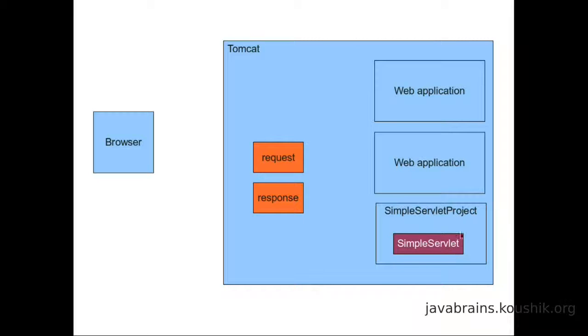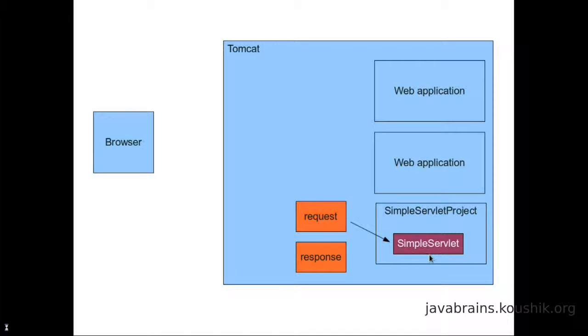In order to execute this, it passes these two objects to the simple servlet. Now the simple servlet takes the request object and gets the input parameters. In our example, it's a simple servlet. It doesn't do much, so it doesn't really look at the request object, but it's there if you want. When you're writing the servlet code, you can pick up this request object and examine the contents to see more details about the request itself.